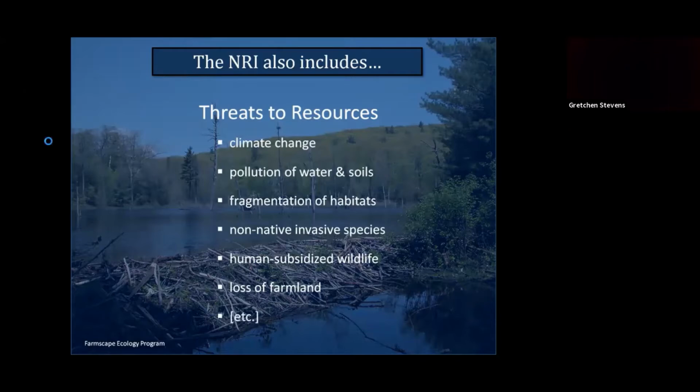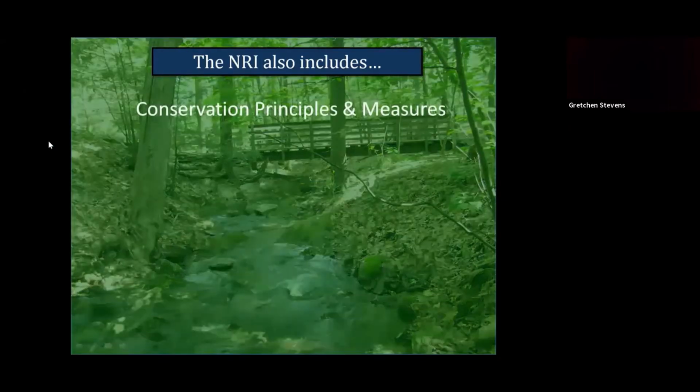The NRI also sets forth some of the basic conservation principles that are generally agreed upon by ecologists and other scientists, and the kinds of measures that can be most effective for ensuring that the water, soils, and biological resources that support ecosystems and the human community can persist here.